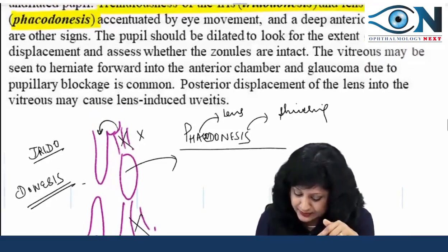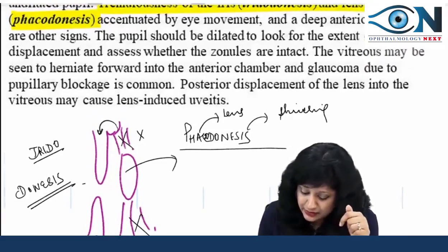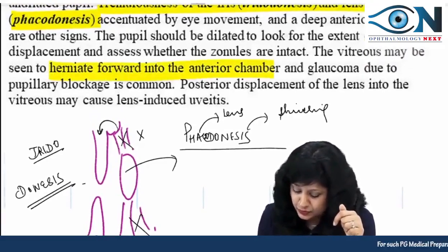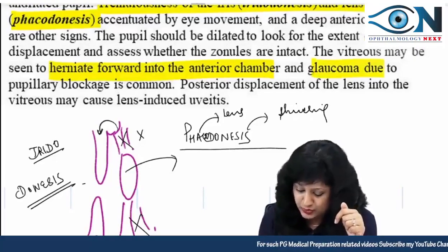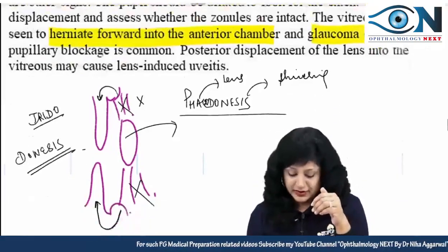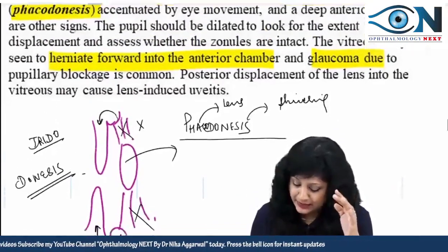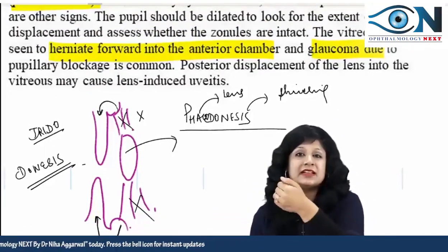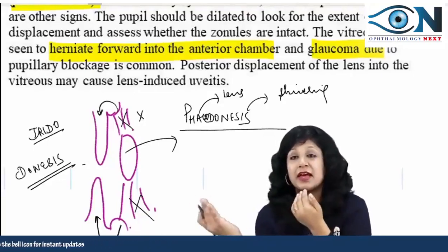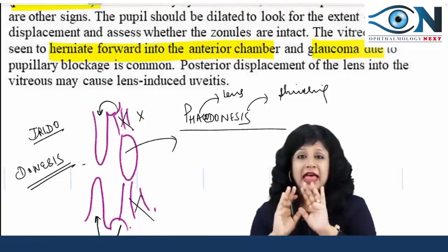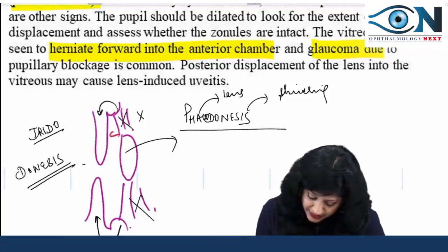Then the vitreous may herniate forward into the anterior chamber, and there may be glaucoma due to the pupillary blockade. Now what is happening, because the lens is moving, if there is an anterior subluxation, there could be herniation of the vitreous also, and if this lens is moving anteriorly, there will be this pupillary blockade.